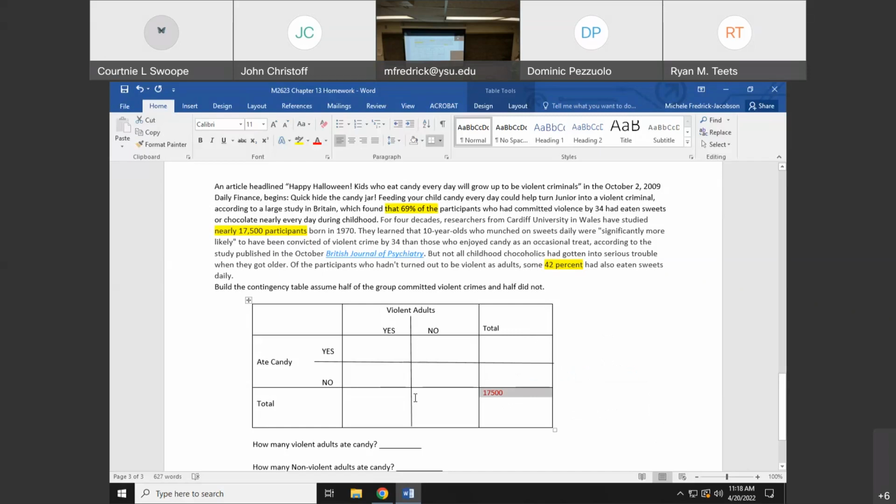I think it has nothing to do with that, but someone built a pretty good study on it. So we're going to say half of them are violent and half are not, because if you're doing a proper study, you should break them up equally.